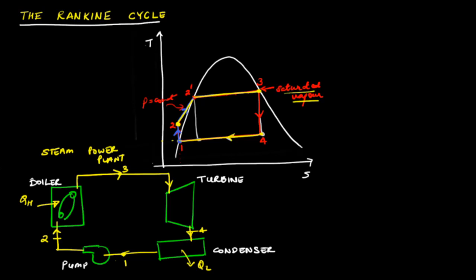So in either case, if we have a cylinder piston arrangement where the Rankine cycle is executed, or a flow system such as the steam power plant which executes the Rankine cycle, the area that is enclosed by this cycle on the TS diagram corresponds to the work done by the heat engine.